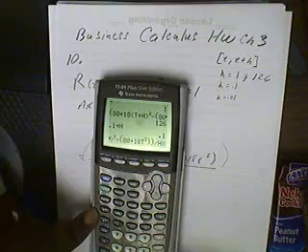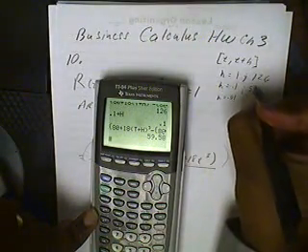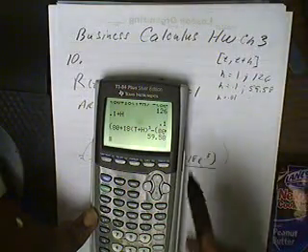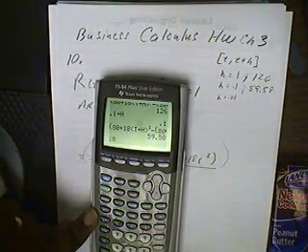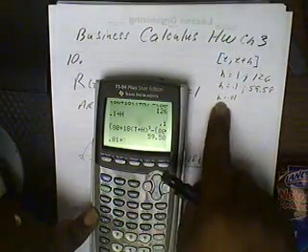And now that it's appeared, I want to press enter. And my value now is 59.58.